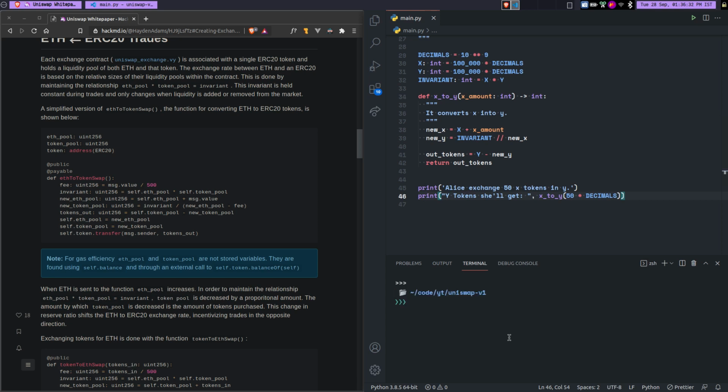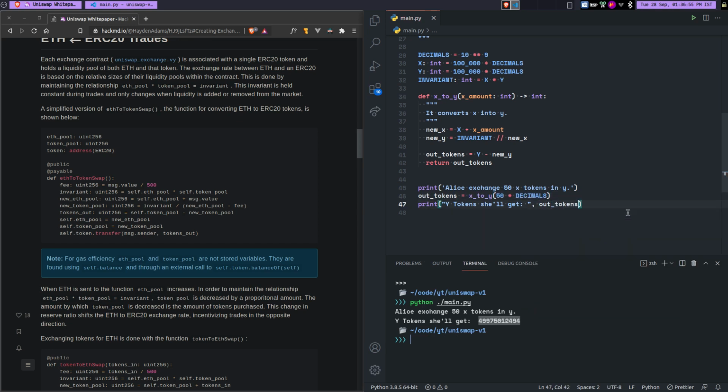Let's run it. So we will do something like this, python main.py, and you can see this is what we are getting. Now you might think this is a really large number, and it is primarily because of decimals. So what I can do here is create a variable out tokens and do out tokens divided by 10 raised to the power 9, right?